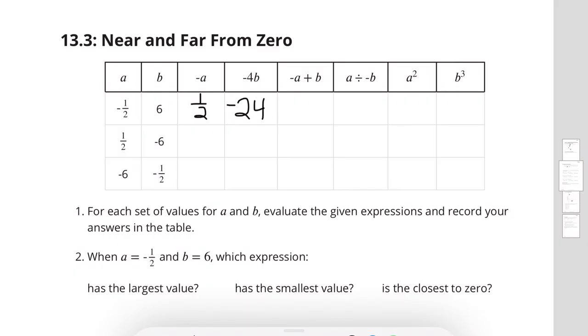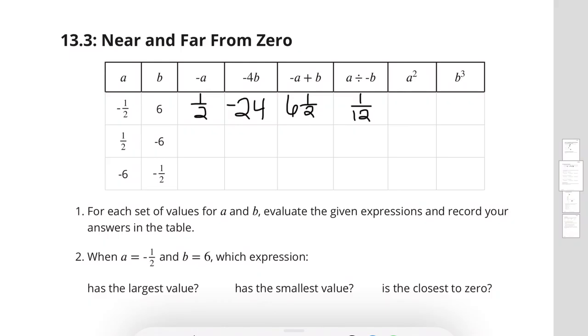Negative A plus B, so we know that negative A is positive 1/2, so 1/2 plus positive 6 would be 6 1/2. A divided by negative B, A is negative 1/2 divided by negative B, so that would be negative 1/2 divided by negative 6, which would be positive 1/12.